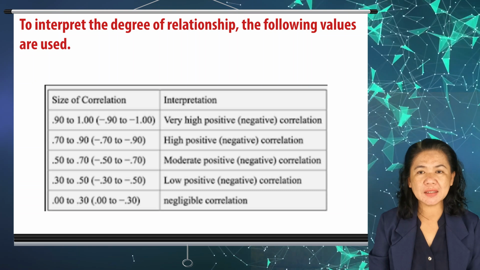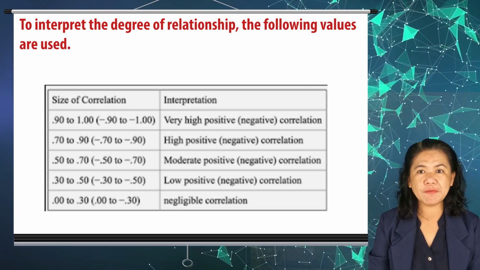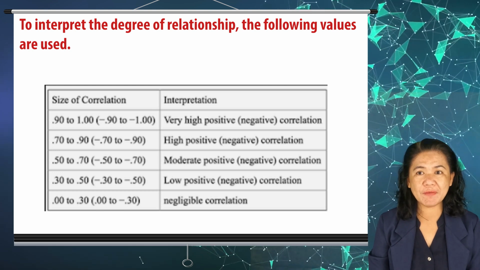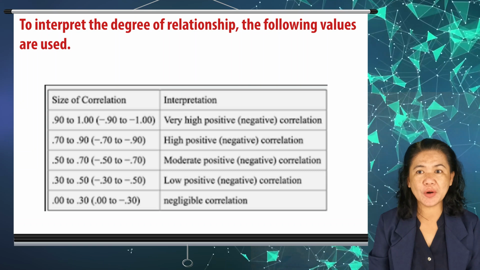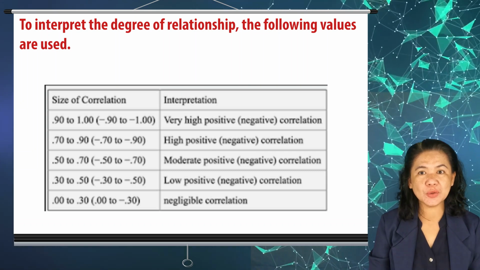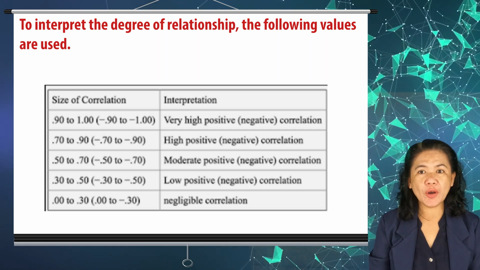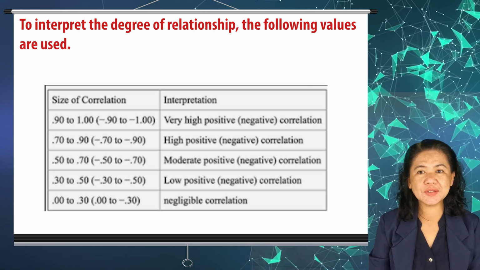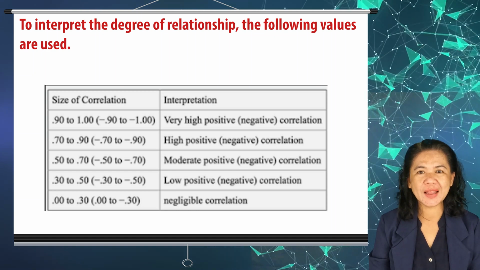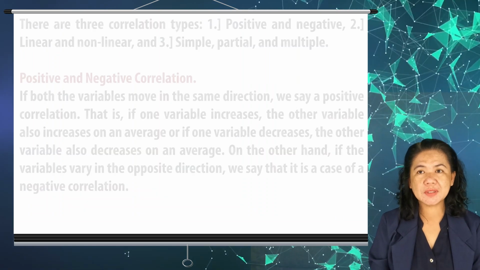Positive or negative 0.30 to 0.50 means low positive or negative correlation. 0.00 to positive or negative 0.30 means negligible correlation.